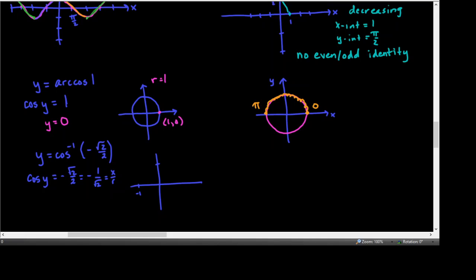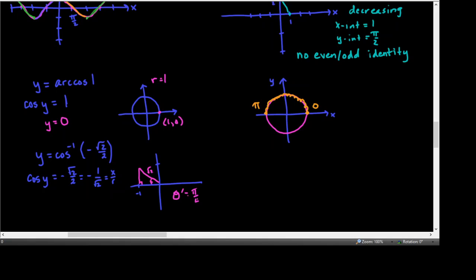Then the triangle is this one. And the reference angle for the 1, 1, square root of 2 triangle is pi over 4.